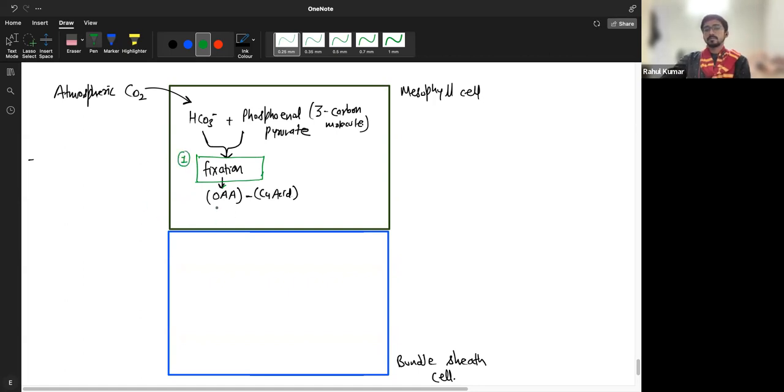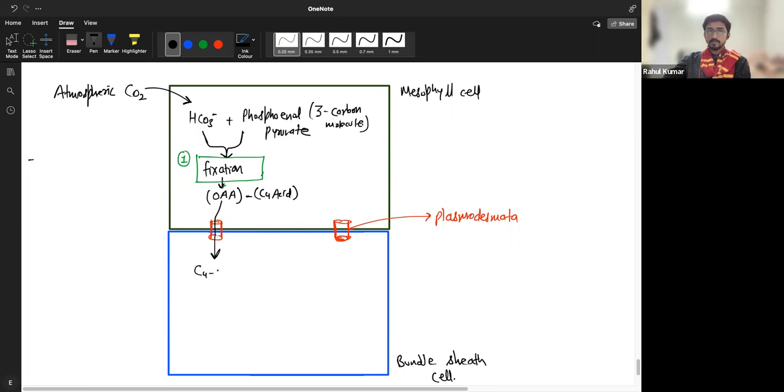Now, through some pores which are called plasmodesmata, so I'm showing in red here the plasmodesmata, OAA is transferred into bundle sheath cells.